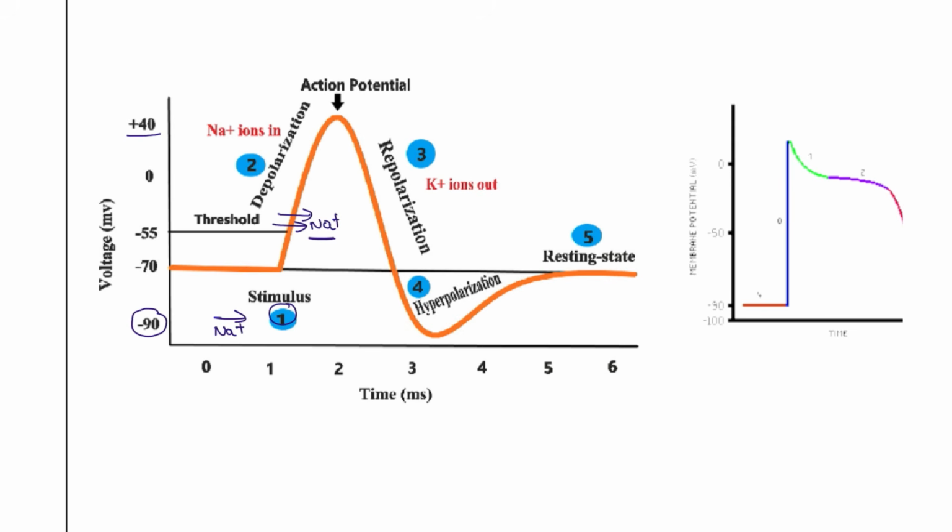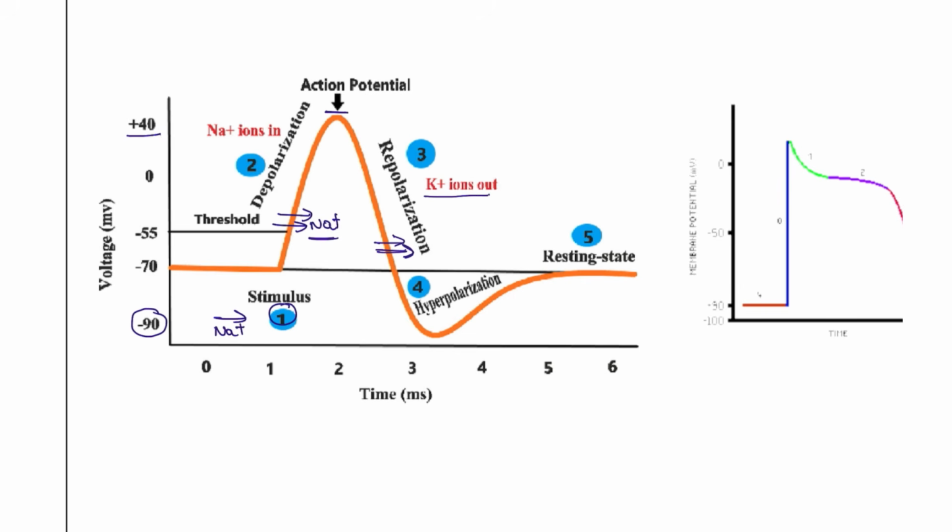So it is going to reach a particular peak that is known as the action potential. And once it has reached the action potential, it has to repolarize back again. This repolarization is seen with the outflux. The outflux is seen with potassium. Potassium is going to move out. So this is the repolarization.